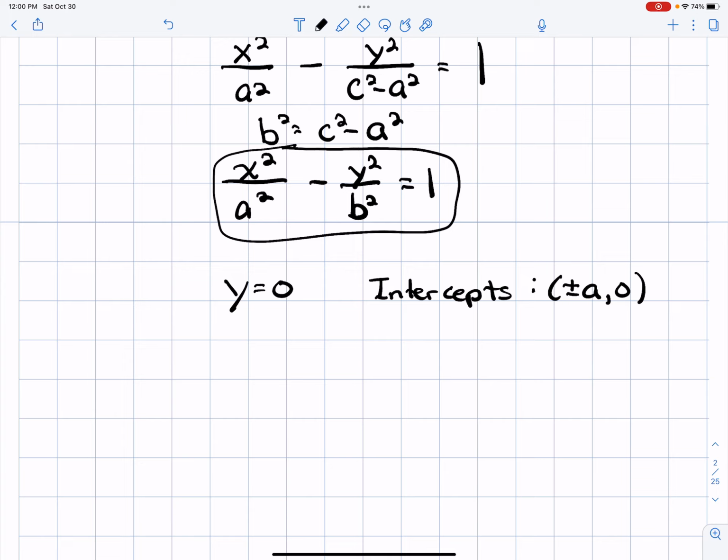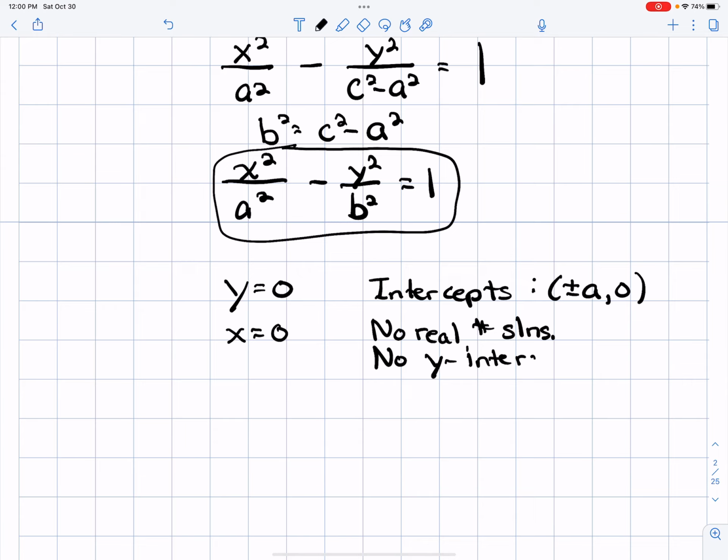You have x squared over a squared equals 1, so x squared equals a squared, so x equals plus or minus a. Now, if x equals 0, there's no real number solutions. So that tells us that there are no y-intercepts in this situation. This is for the hyperbola centered at 0, 0.